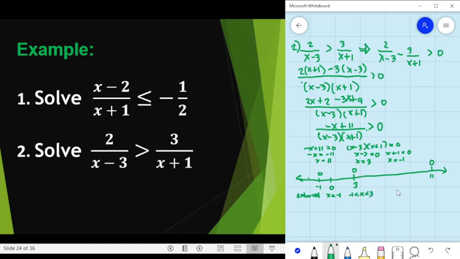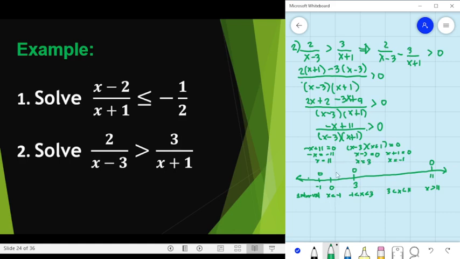Then, this part, x is between 3 and 11. And the last part is x is greater than 11. Notice that negative 1, 3, and 11 are boundaries. So, this part, this part, this part, or this part. Since we now have three boundaries, whereas earlier there were only two, the real number line is divided into 4 parts.